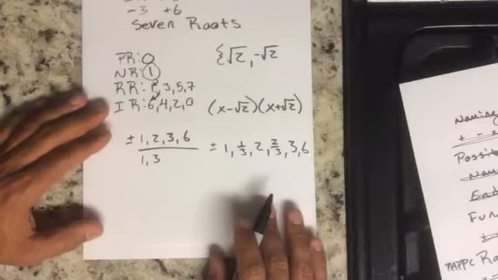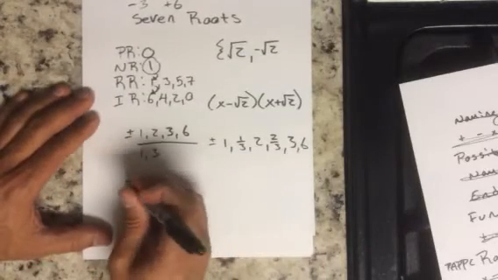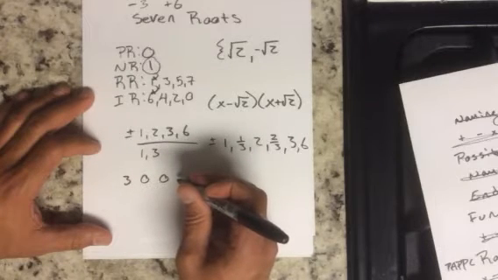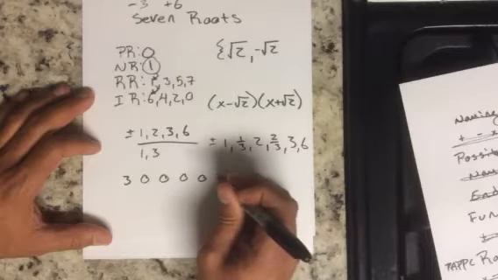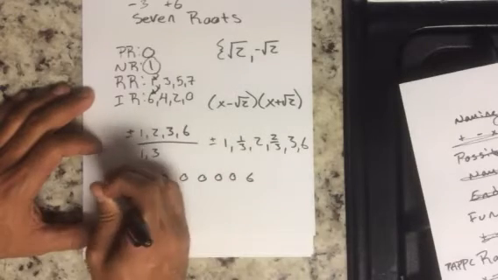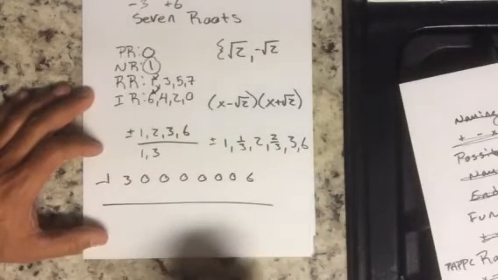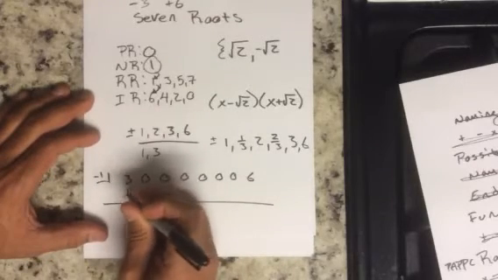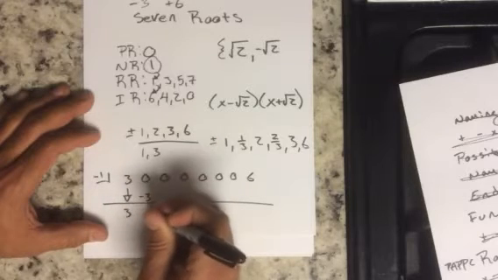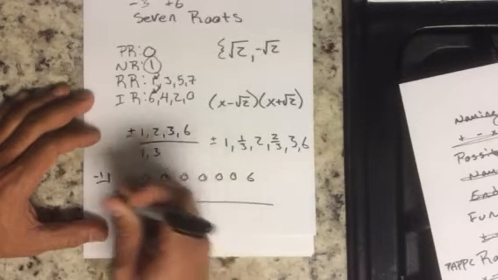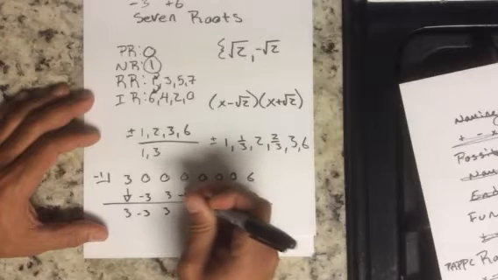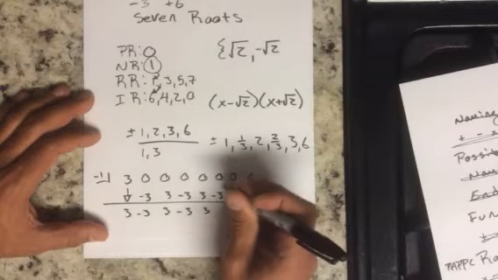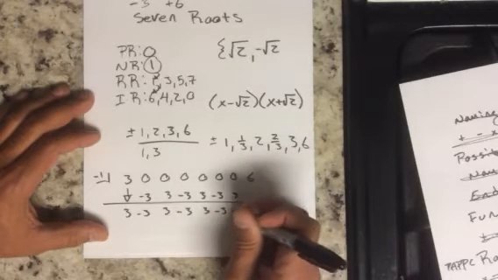So let's see. 3, 0x to the 6, 0x to the 5, 4, 3, 2, 1, 6. I know it has to be a negative root, so negative 1, 3 comes down, multiply, add them together, multiply, add them together, and so on.